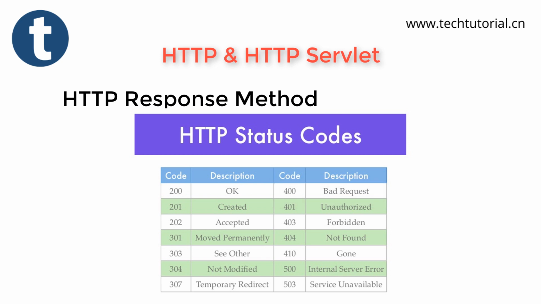I will give you a documentation link in the description below. You can check it out to see which code tells us what the problem is. 302 means found, 300 means multiple choices. There are many error codes and successful response codes. I will give that documentation link in the description below. You can check those out.